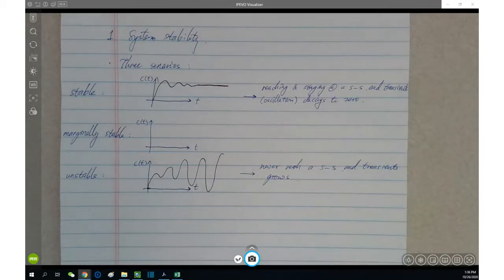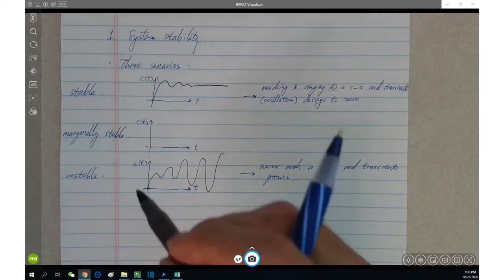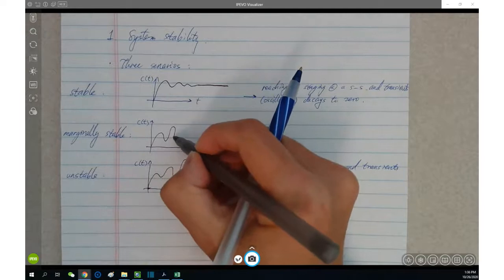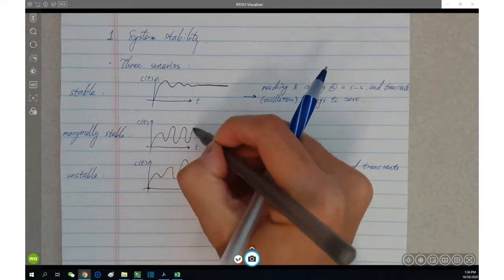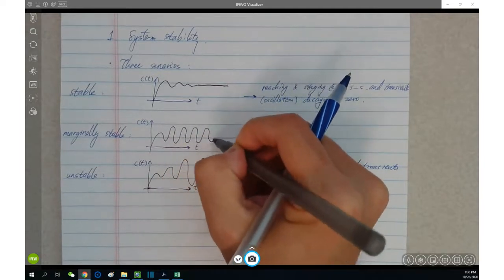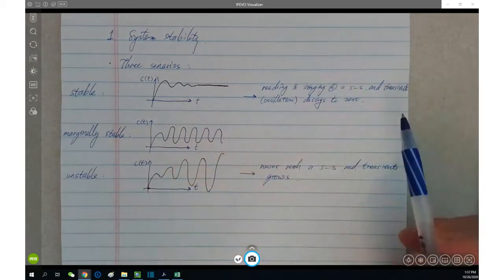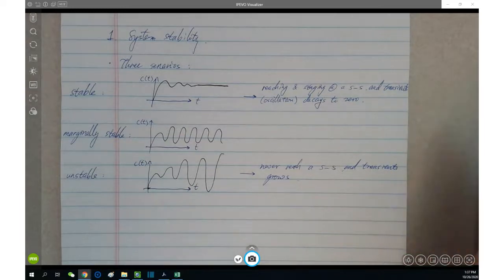The third case, the marginally stable. Marginally stable means what? I think it's very easy to guess, right? The transient is not going to decay to 0, but it won't grow either. What does it mean?